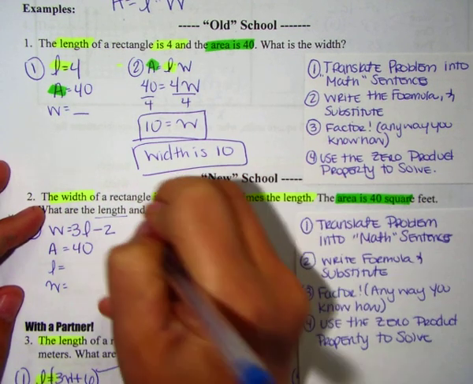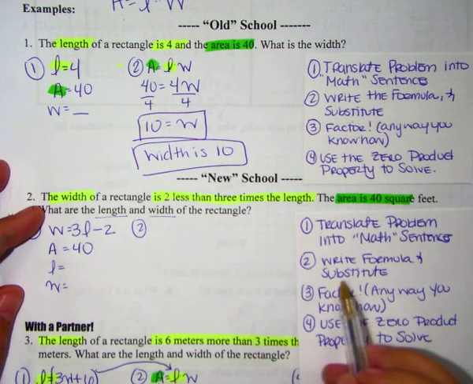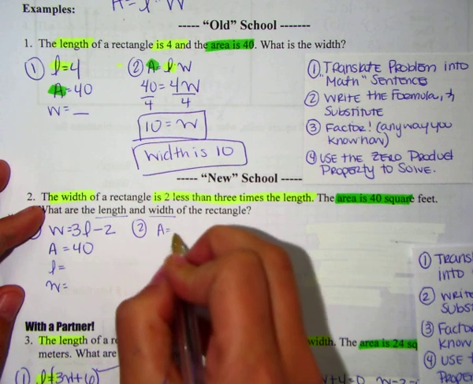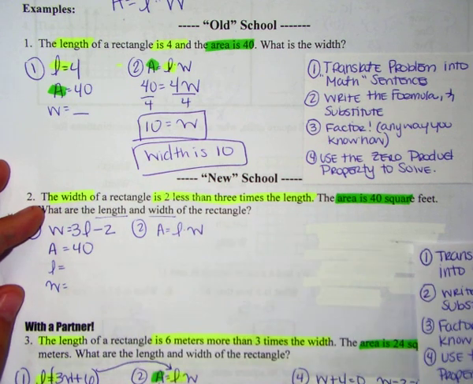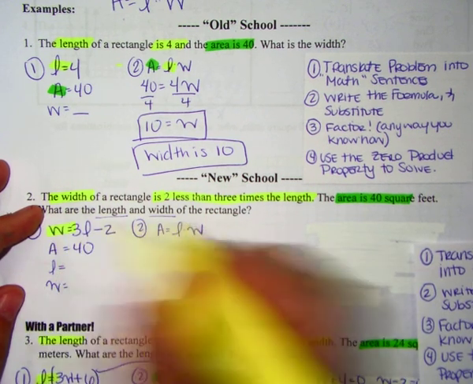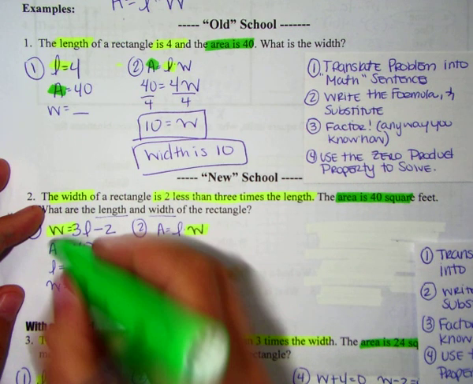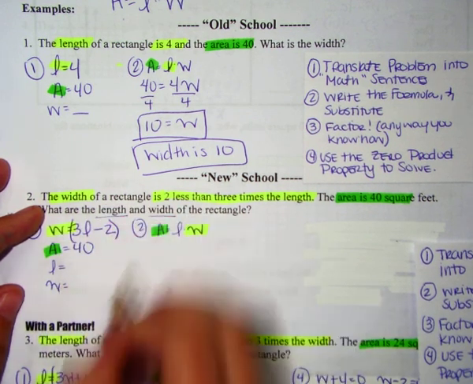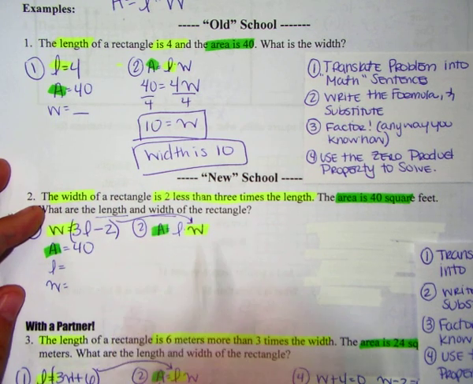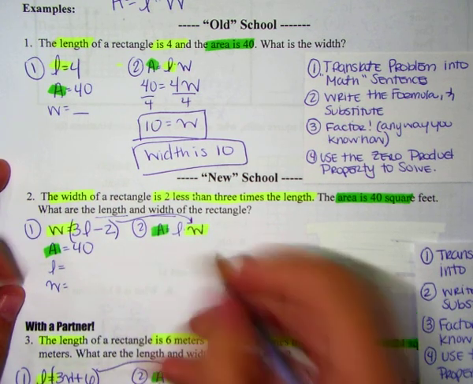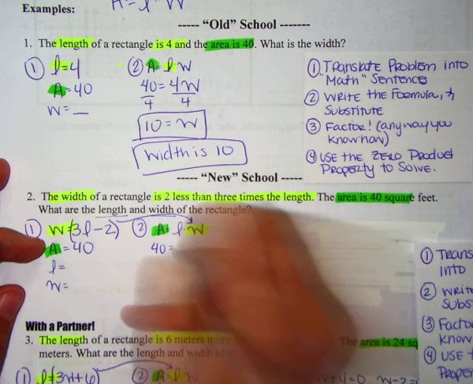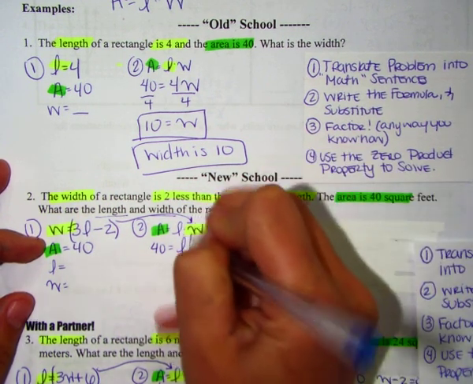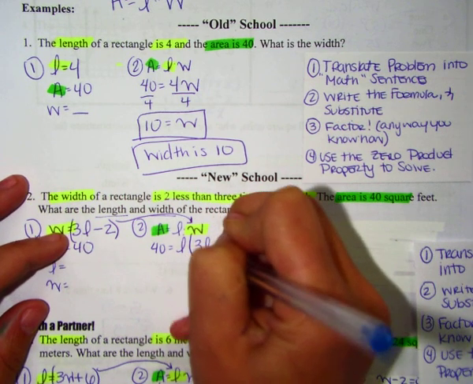Okay. Number 2 is to write the formula and substitute. So we're going to write A equals length times width. And we're going to substitute in for W and A. So 3L minus 2 is going to be substituted in for W and 40 for A. I don't have anything to substitute for L, so I'm going to leave it as an L. And then again, the width is 3L minus 2.